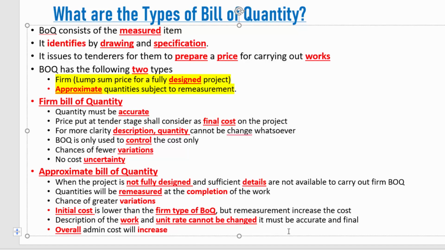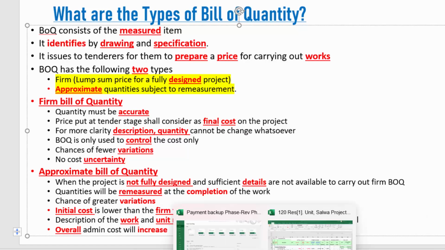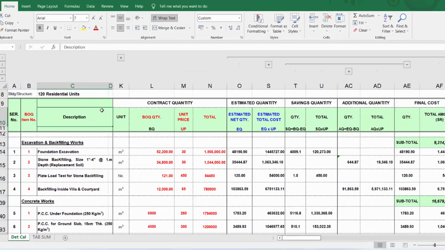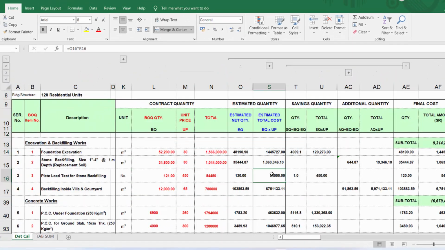Admin cost is the quantity surveyor or the team of quantity surveyors who work on all these things to present to the client. In the case of a firm BOQ, we don't need to prepare a remeasurement and present it to the client, because presenting to the client means you need to provide WIR, markup drawings, get the signature of the site team that this work is executed, take the photos, and then provide quantities step by step back to the client. They will review it again and send it back to you with their comments.